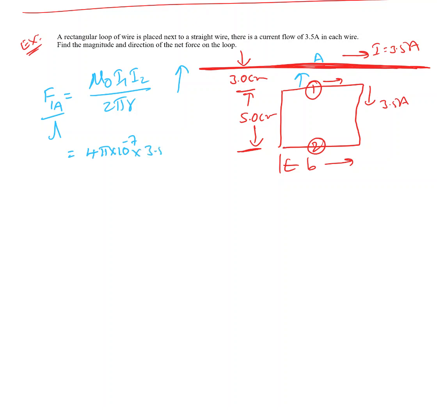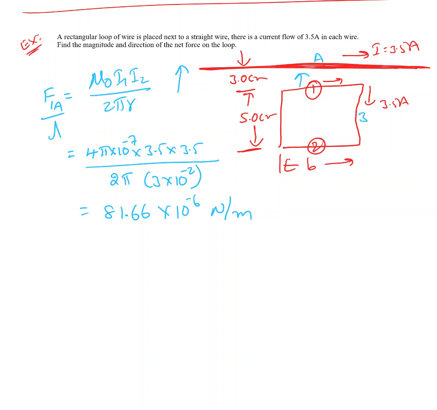I1 is 3.5, I2 is also 3.5, divided by 2 pi times 3 centimeters, which is 3 times 10 to the power of minus 2. After calculating this, I have this value as 81.66 times 10 to the power of minus 6 Newton per meter. That's the force per unit length on conductor 1 because of A.